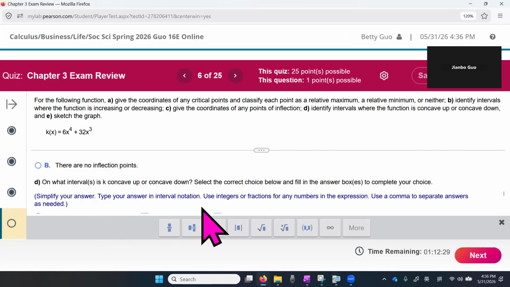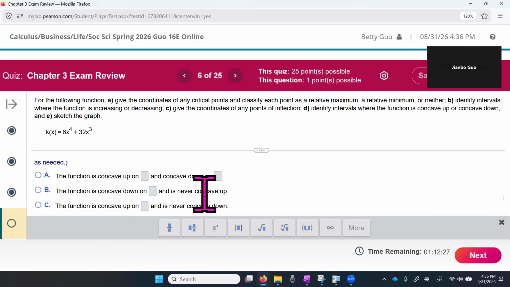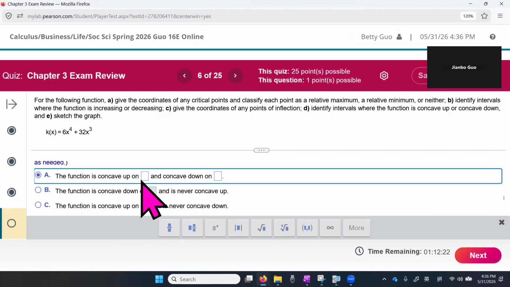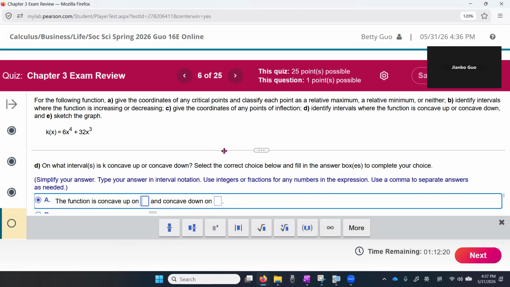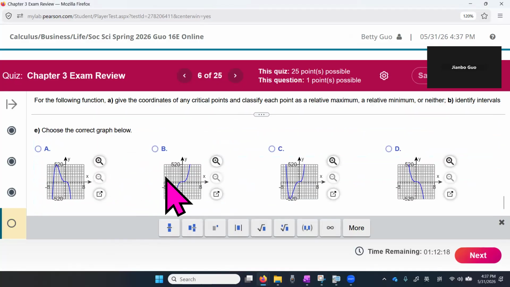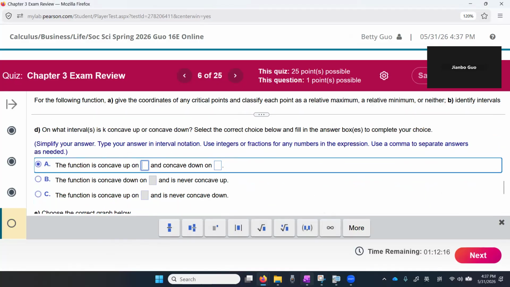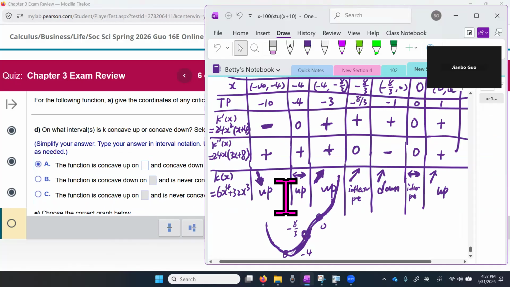Okay, so let's see. The function is concave up, up, up, and up. So the only one that is down is from negative a over 3 to 0.